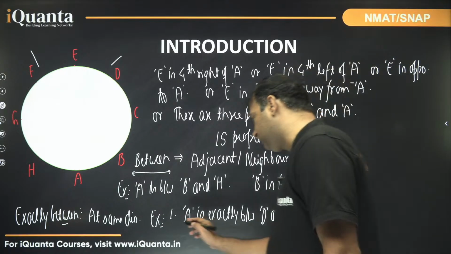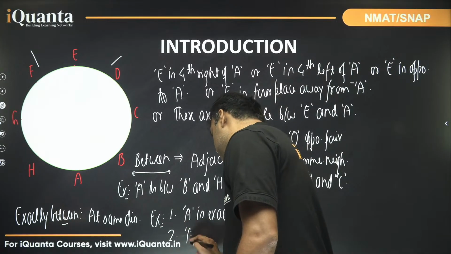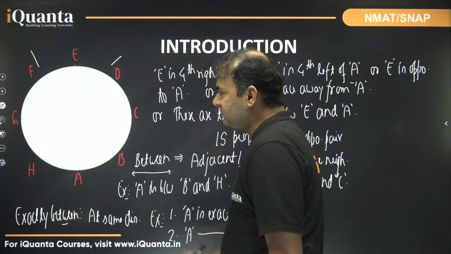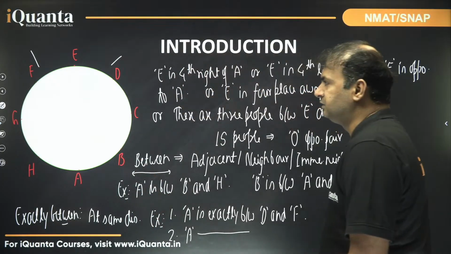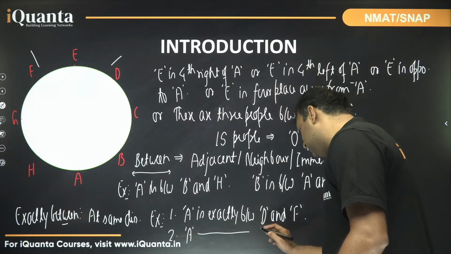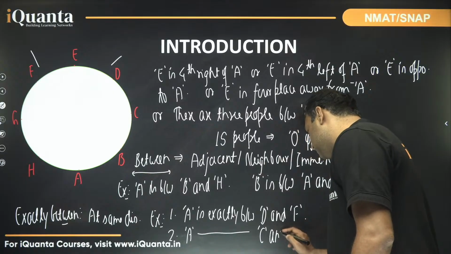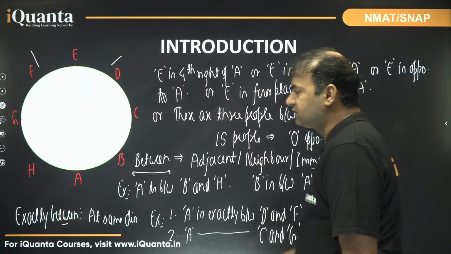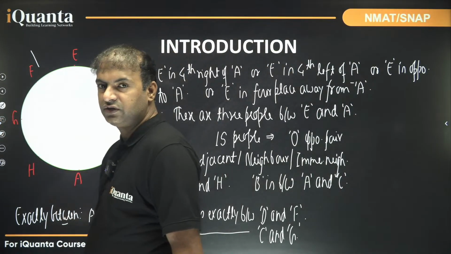Okay, similarly, if I take a few more examples with respect to A only, we can also say A is exactly between, just like D and F, C and G as well, right? Now the distance is 2, isn't it guys? The distance of A from C is 2, from G is also 2.